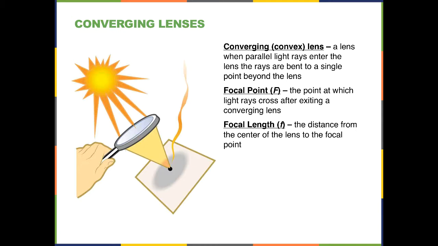The focal length of a converging lens is a positive number because it's on the other side of the source. The power of any lens is 1 over the focal length, and it's measured in diopters. So the higher the power, the lower the focal length.